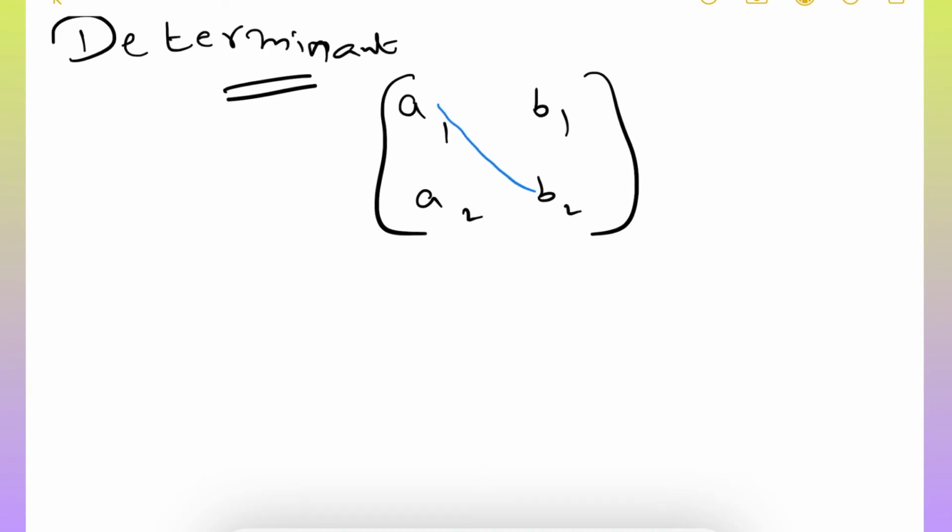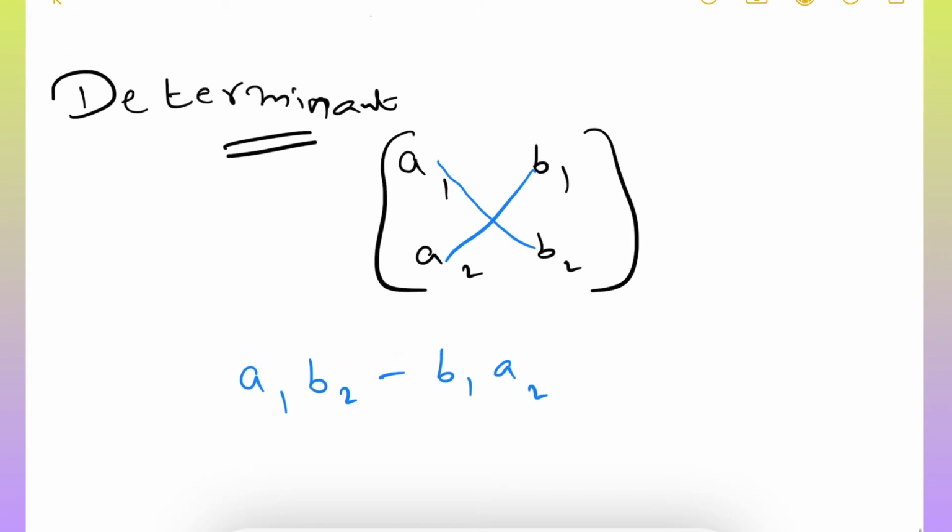Multiply these two numbers, that is A1 B2, minus the product of these two numbers, B1 A2. Whatever value we get, that value is called the determinant of the matrix.